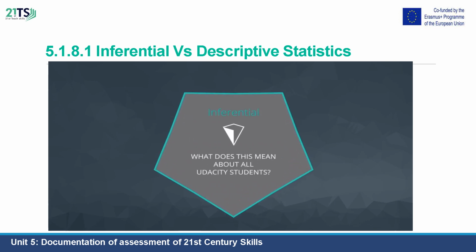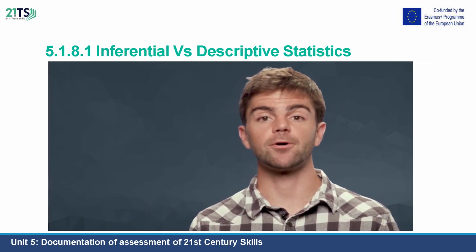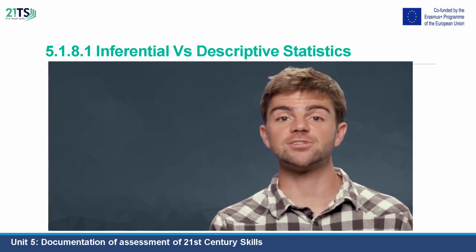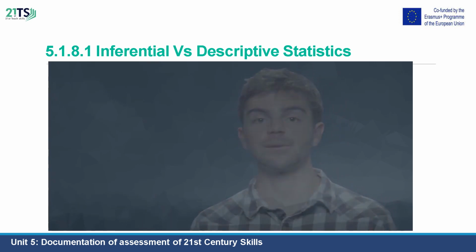Inferential statistics is about drawing conclusions regarding the coffee drinking habits of all Udacity students only using the data from the 5,000 responses. Therefore, inferential statistics in our example is all about drawing conclusions regarding all 100,000 Udacity students using only the 5,000 responses from our sample.